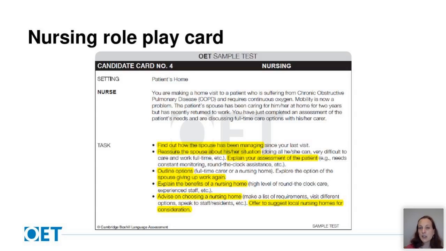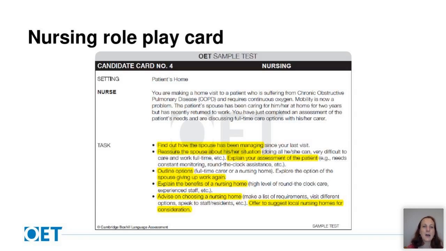One nurse didn't do this and thought she was speaking to the patient. She had read the background information and misunderstood, and so started the role play as if she was talking to the patient, which was quite confusing for me as an interlocutor.